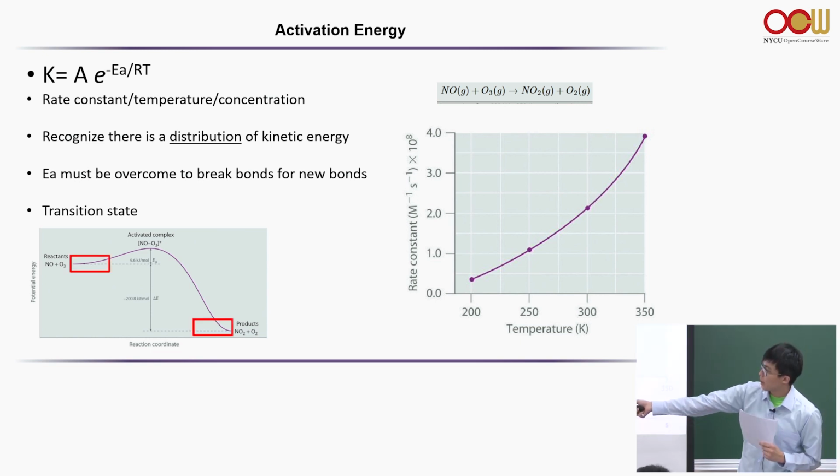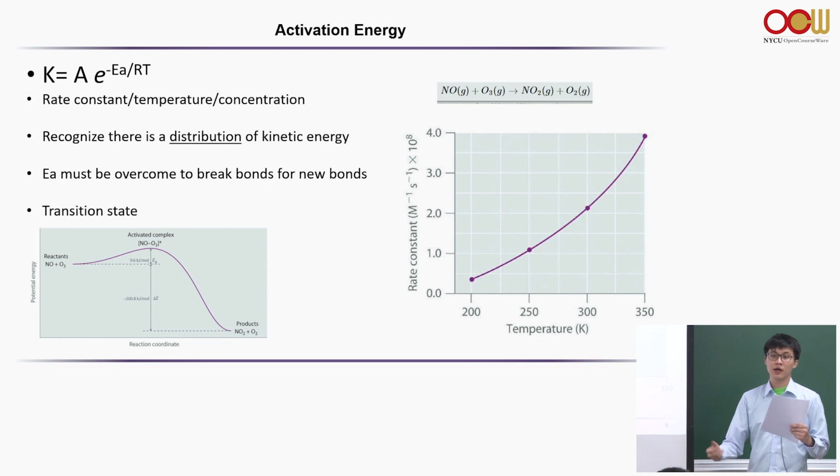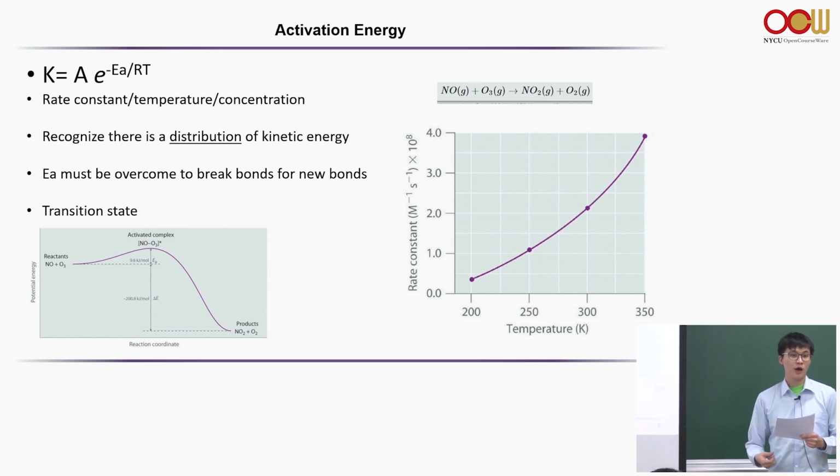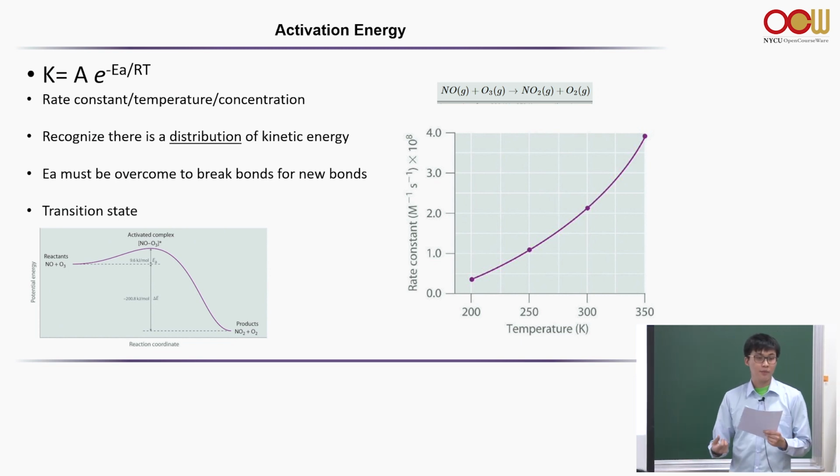In this reaction, the energy level decreases, right? So your product is lower than your reactant, okay? We know in a chemical reaction, we break bonds and we form bonds, okay? What happens to the extra energy? The extra energy will be released, or if it's missing some energy, it will absorb such energy for the reaction to occur, okay?